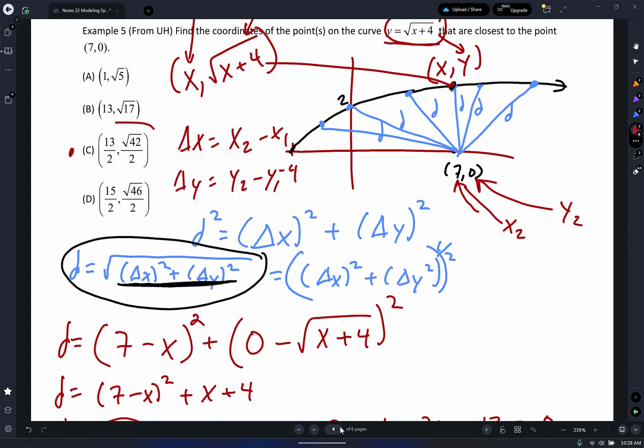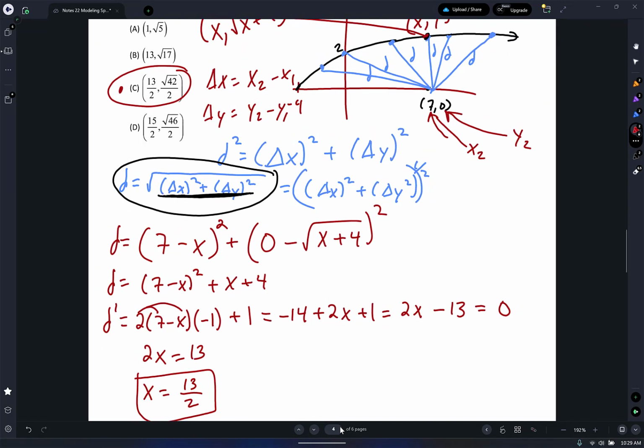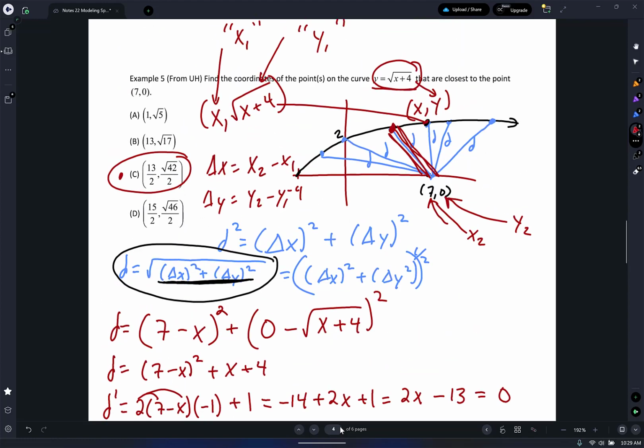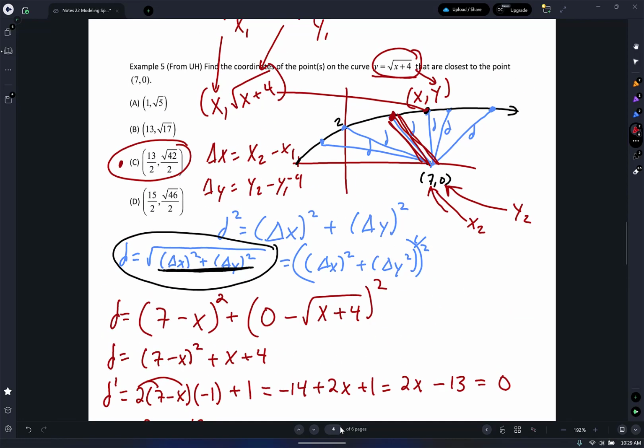C. We're going to get the y value. 13 over 2 is somewhere over here, and this is the smallest point right there, that's closest to the point 7, 0. You can just look at the answer choices, but what if there were two answers that had 13 over 2? How did they get the y value, guys? Plug it in. You plug it in.